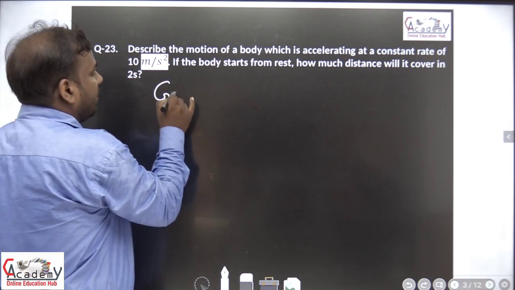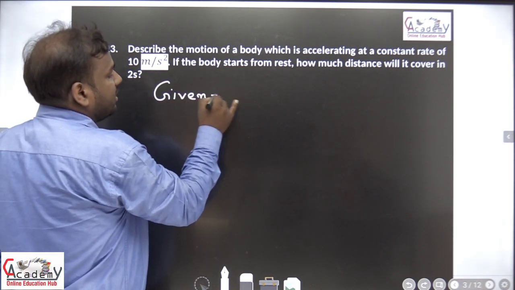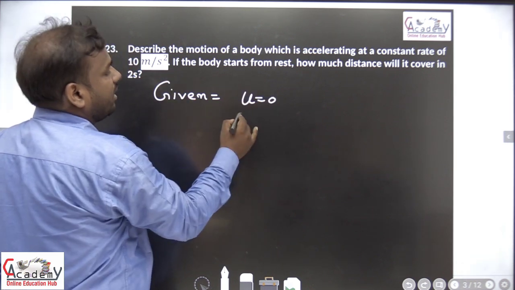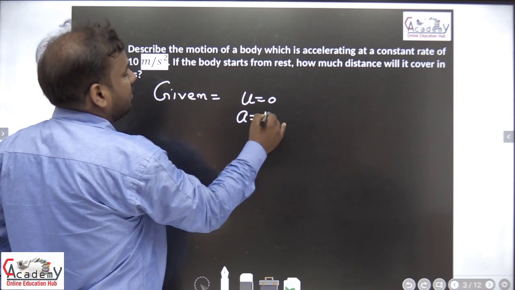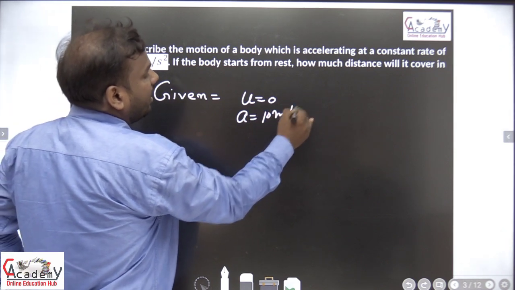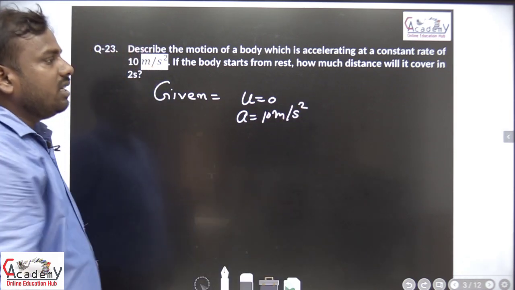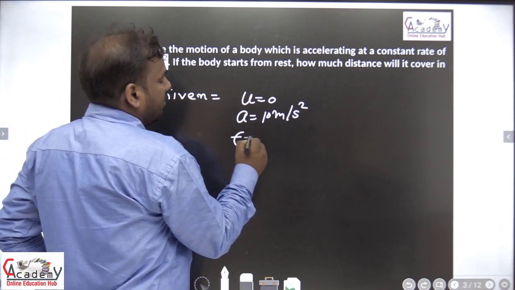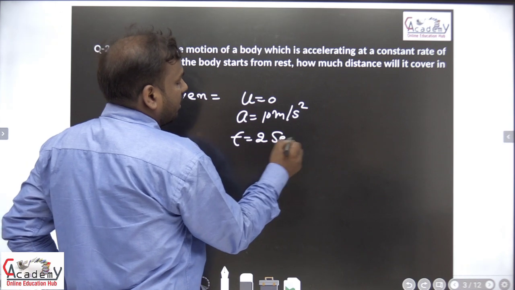So what is given here? The body starts from rest, so u is equal to 0. Acceleration is 10 meter per second square. How much distance will it cover in 2 seconds? So time here is 2 seconds.